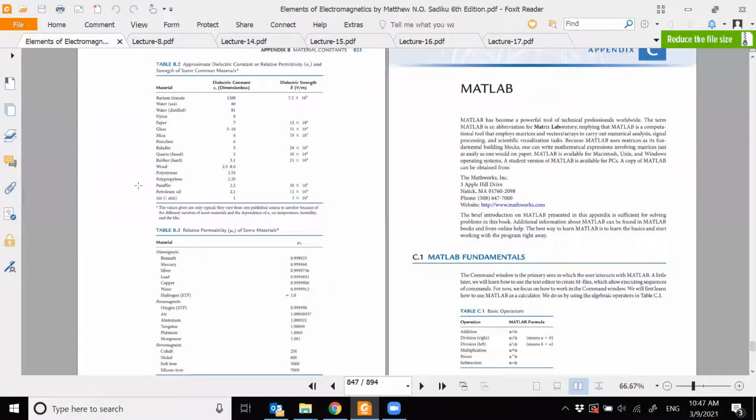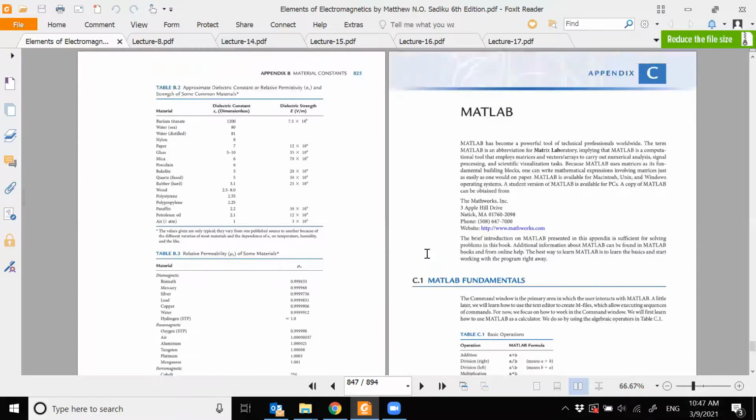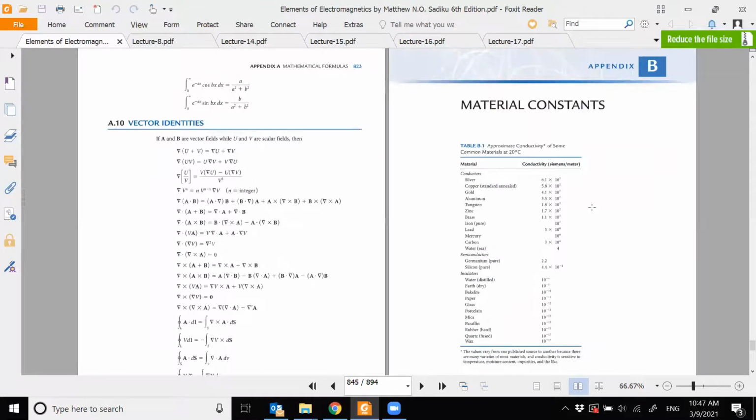See, the material, the dielectric constant, that means the relative permittivity, and the relative permeability. So if you see, all our materials are classified based on the permittivity, permeability. These are the two things, and the conductivity. And the conductivity is also here.